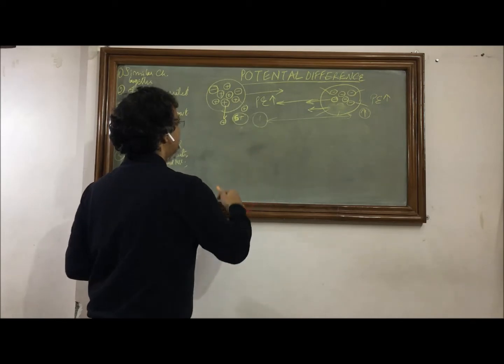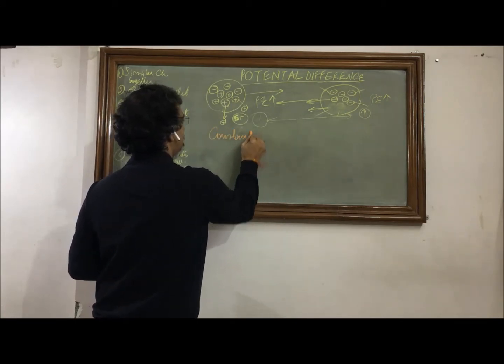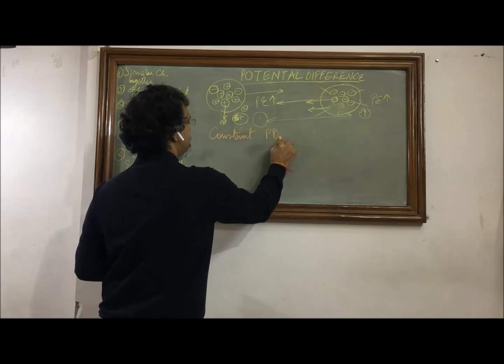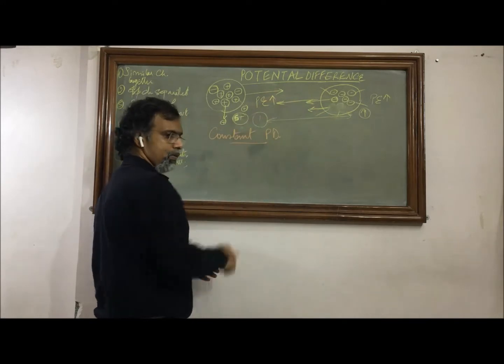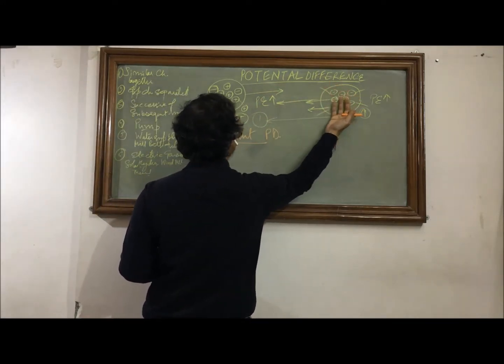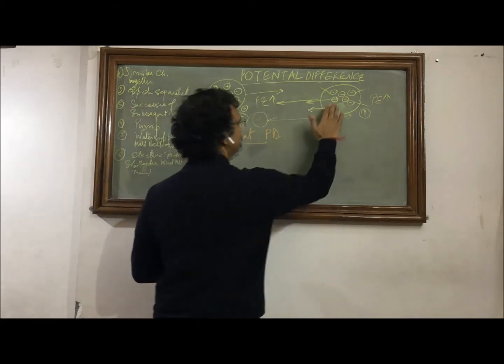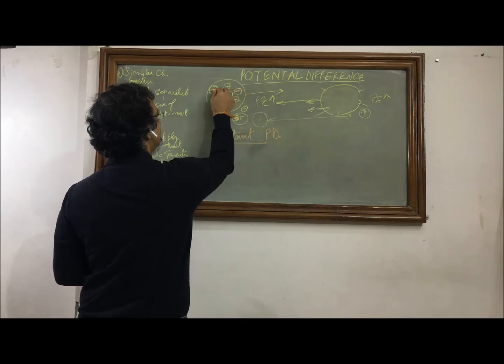So one thing is, we need a constant potential difference. Another interesting thing is, let's say after 4 or 5 steps of similar kind, all of these charges are moved from this place to this place. Now we don't have anything here. Everything is moved. Here we have more negatives.